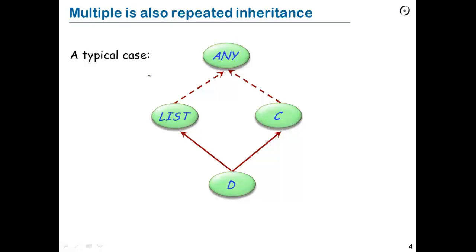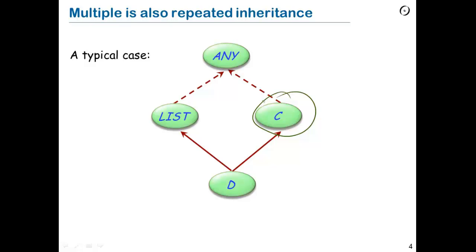The general idea is that any class whatsoever is a descendant of any. This is achieved simply by saying that if a class does not have an explicit inherit clause, like maybe C does, then it's considered to inherit from any, otherwise it will inherit from any through its explicit parents.